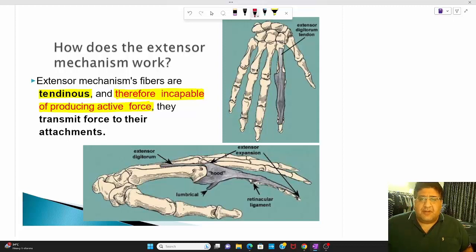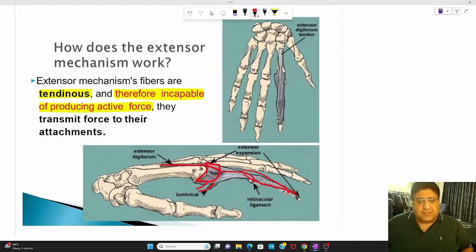So if I can show you the thing again, you can see the extensor digitorum tendon crossing the MP joint, getting inserted over there, making a hood. The hood is getting insertion from the interossei, the lumbrical, the EIP, and then the central slip goes on to the base of the middle phalanx, and the two lateral bands go on to form the terminal band and go on to the base of the distal phalanx. ठीक है, वो lateral band यहाँ insert होगा और आगे उन्होंने क्या बना दिया, terminal band बना दिया.